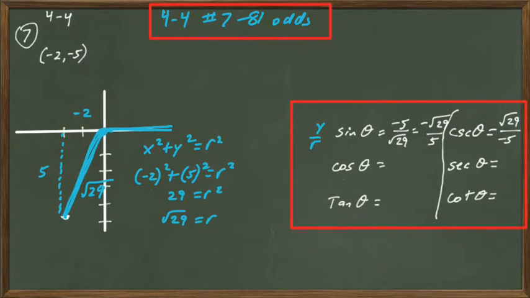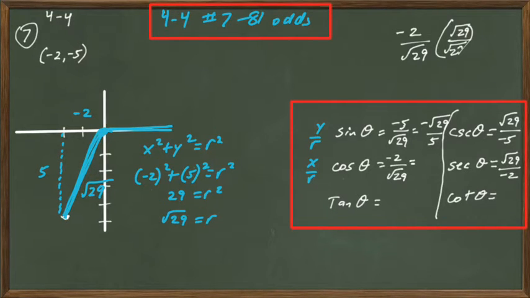Now what is cosine? Cosine is x over r, right? The x is negative 2 over the radical 29. If I flip it over, I'd have this. If you rationalize, do you know how to rationalize this? I'd multiply by radical 29 over radical 29 and get this.